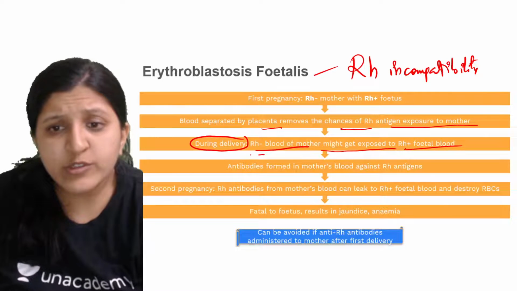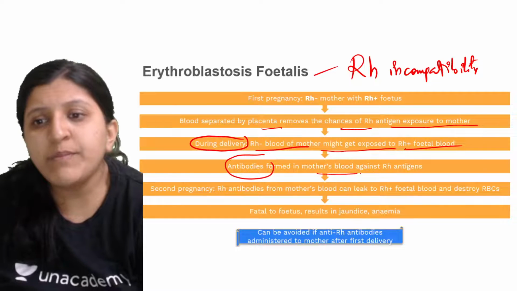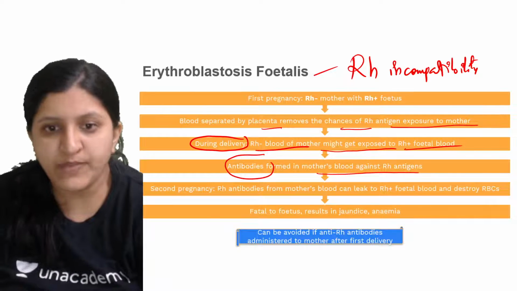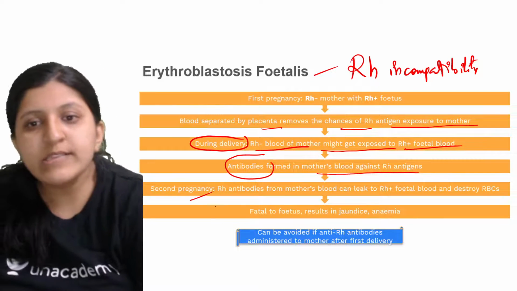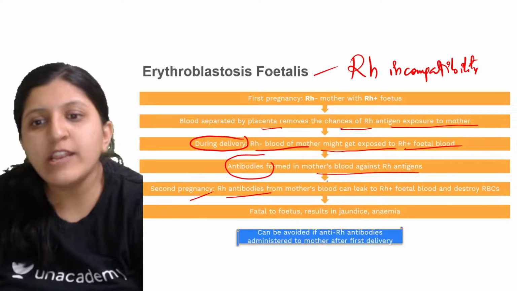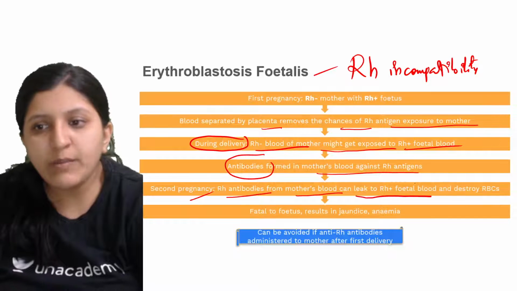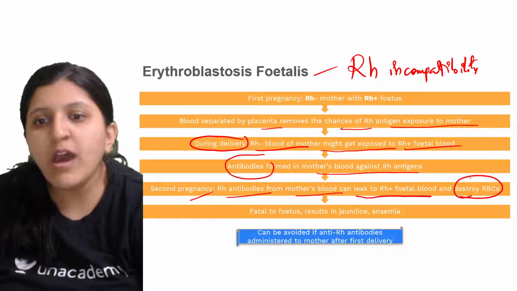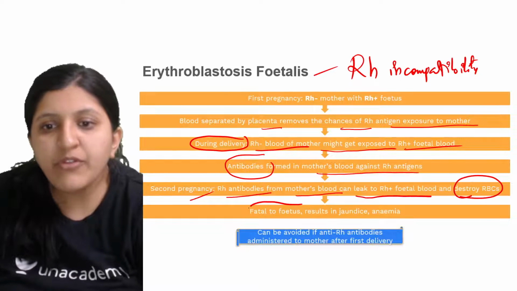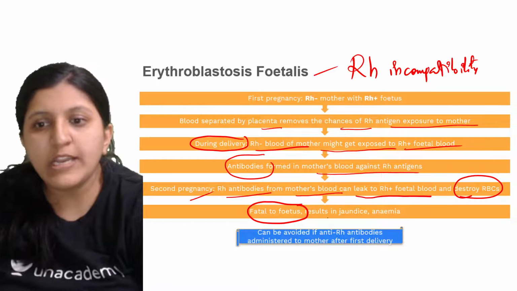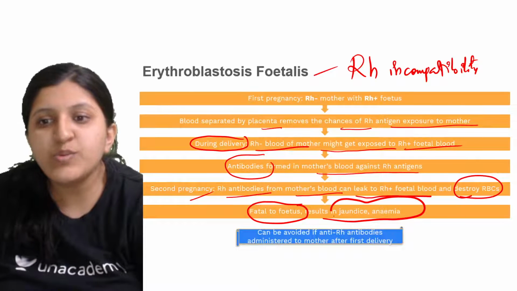So the mother is going to develop antibodies against the antigen. Now during the second pregnancy, these RH antibodies from the mother's blood can pass to the fetal blood and destroy the RBCs, which can be fatal to the fetus if not treated. So it can result in jaundice as well as anemia.